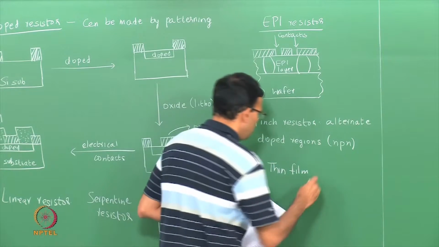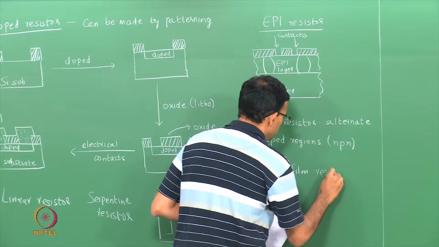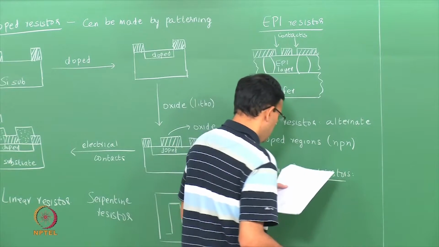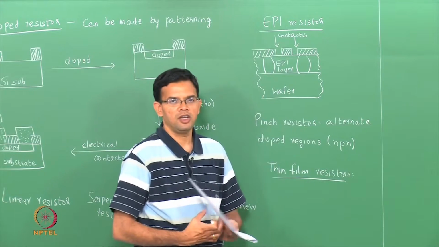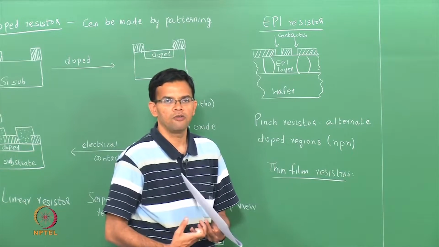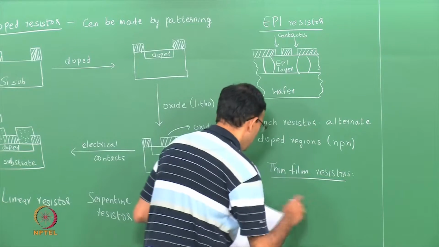So, these are called thin film resistors. This is done by depositing a thin film, typically it could be a metal on top of your sample.